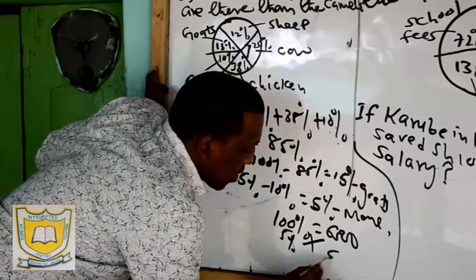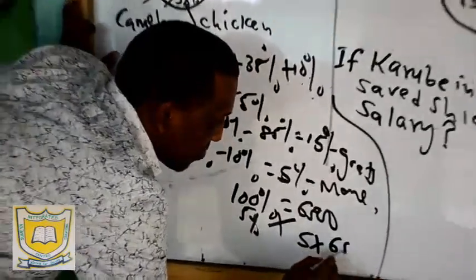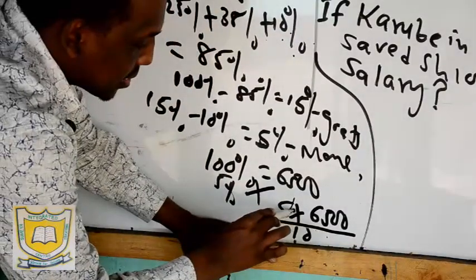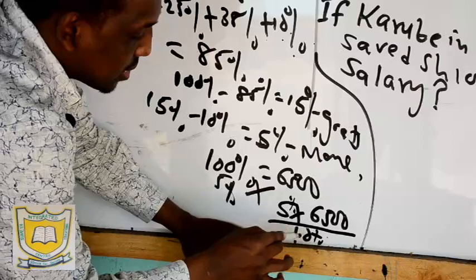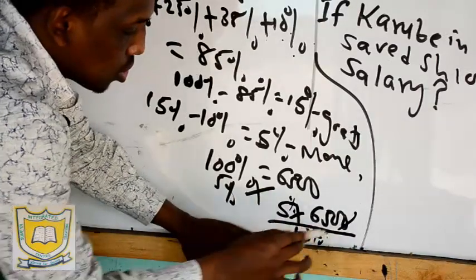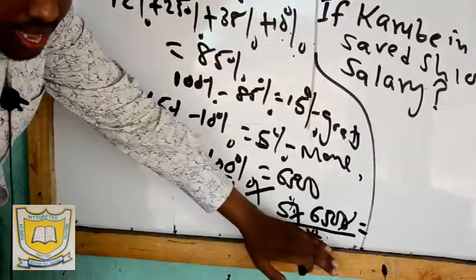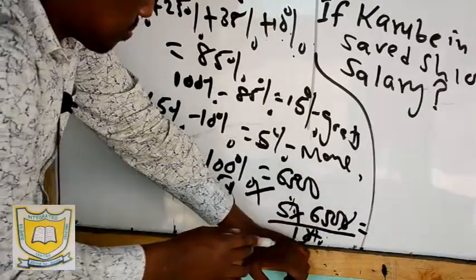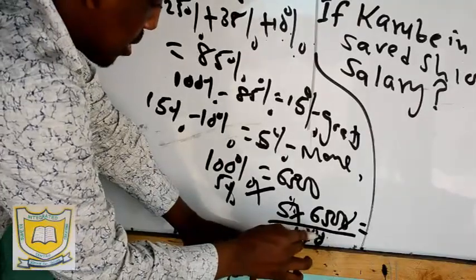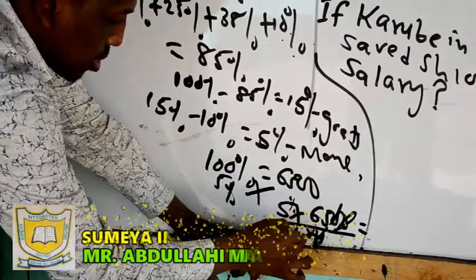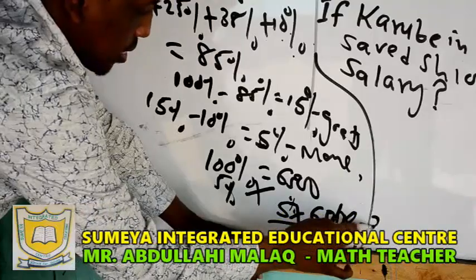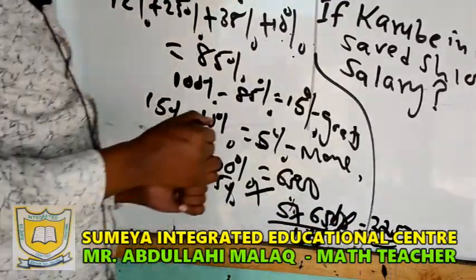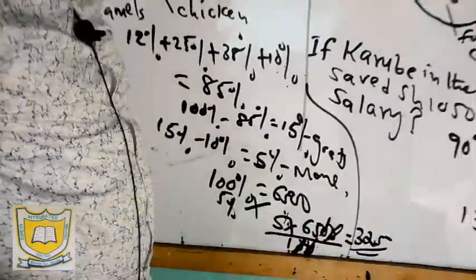So we say 5 multiplied by 6,500 over 100%. The percents cancel. When you multiply, you will get 325. This is the more. That's how we do it.